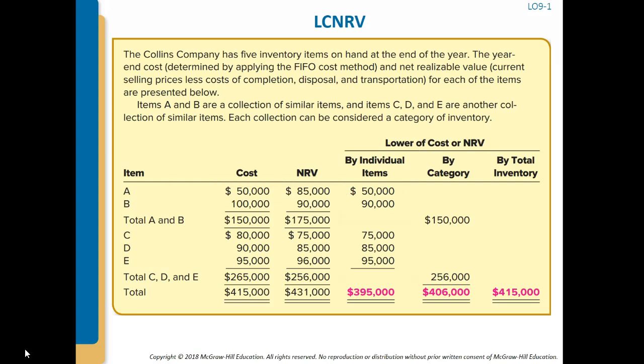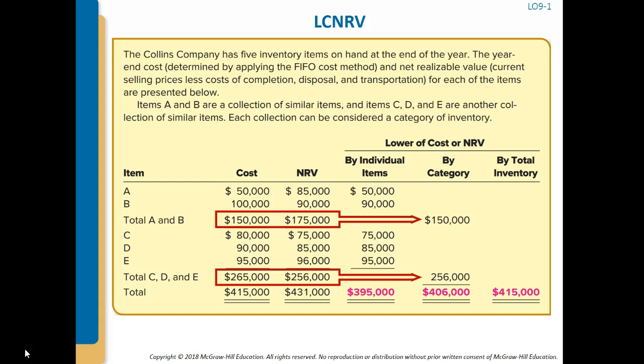Now, items A and B are a collection of similar items, and items C and D, along with E, are another collection of similar items. Each collection can be considered a category of inventory.